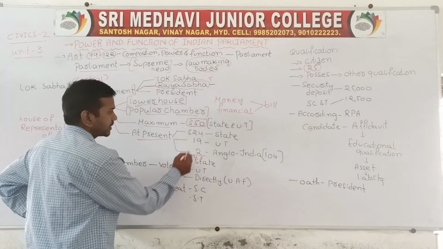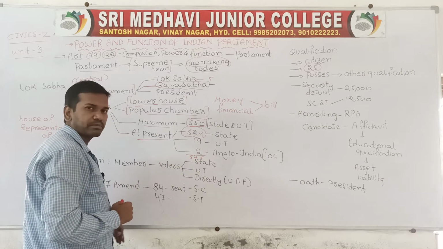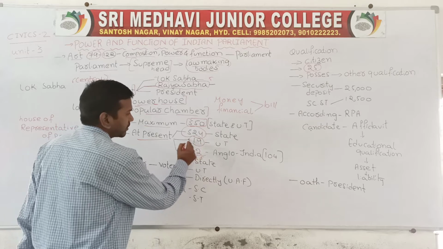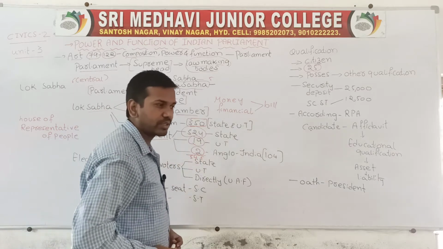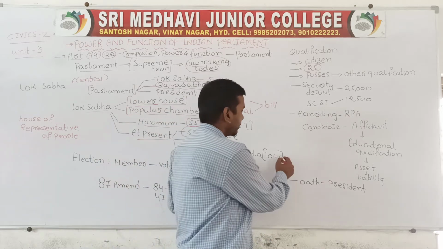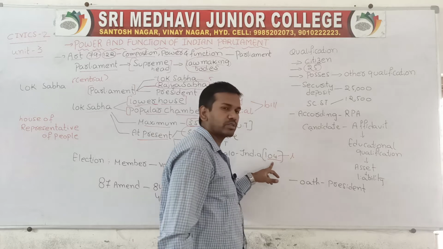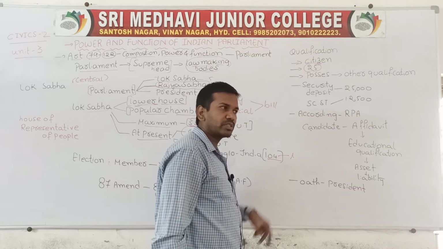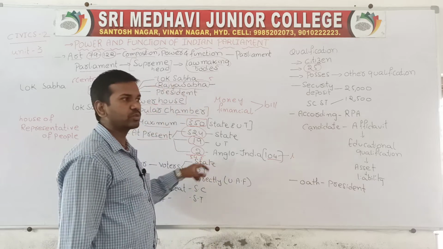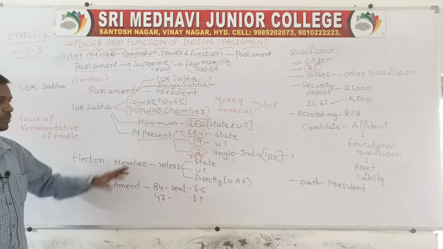In that 545 strength, 524 members are from the states, 19 members are from the union territories, and 2 members are Anglo-Indians. These Anglo-Indians are nominated according to Constitution Amendment, Article 104, which says that 2 Anglo-Indians should be appointed in the Lok Sabha.